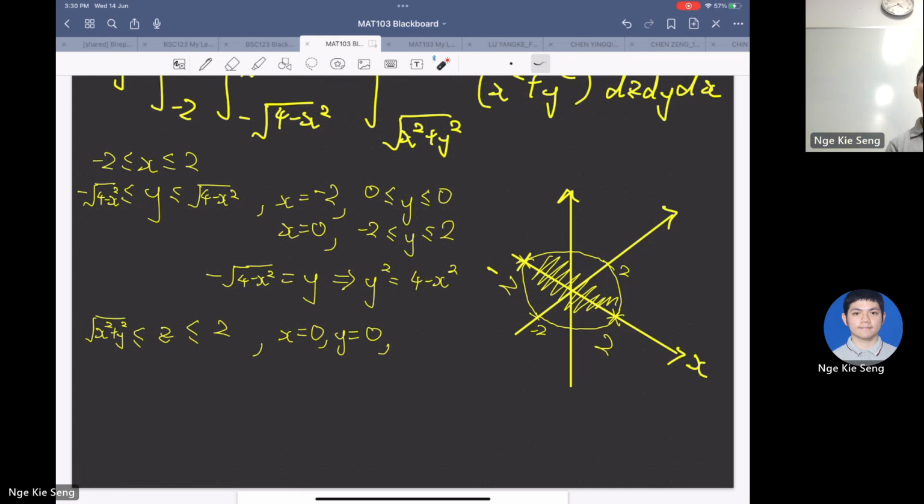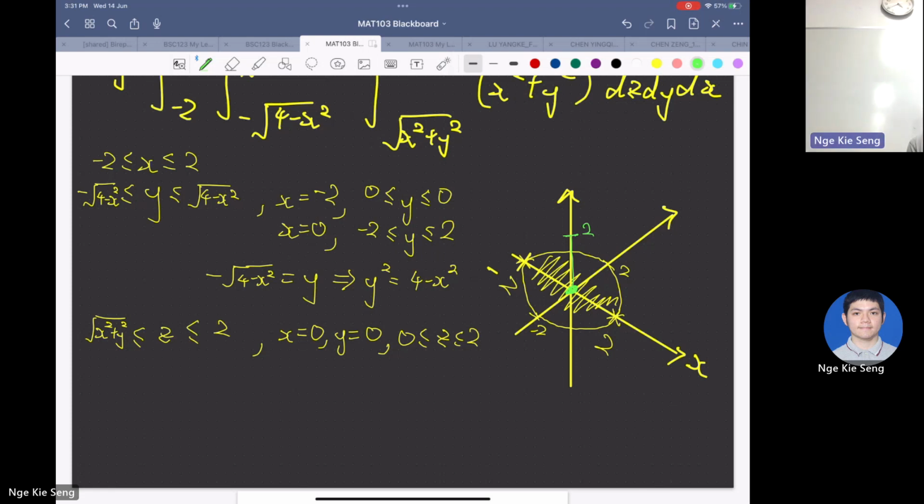Bounded below by? 0. And then bounded above by 2. Okay, good. So if you look over the origin, the Z you cover is from 0 to 2.